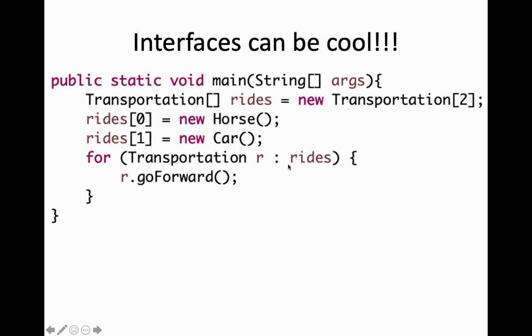And remember, this is the for each loop that goes through every element in the array and creates a reference named r that references it. So it just iterates through each of those. And then we can say r.goForward. So it provides this common way of interacting with these heterogeneous objects. And each of the classes that implements the interface is responsible for writing that goForward method.